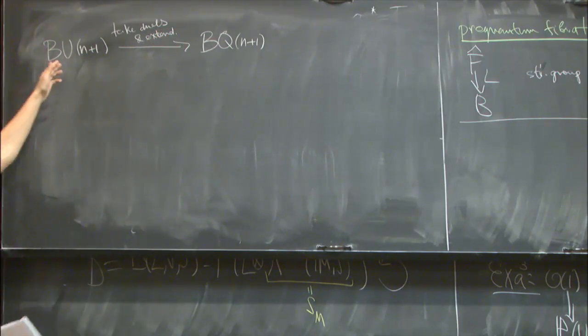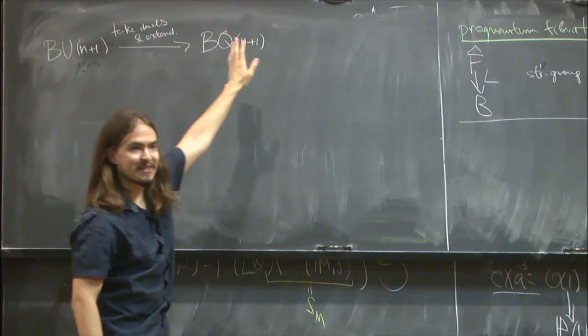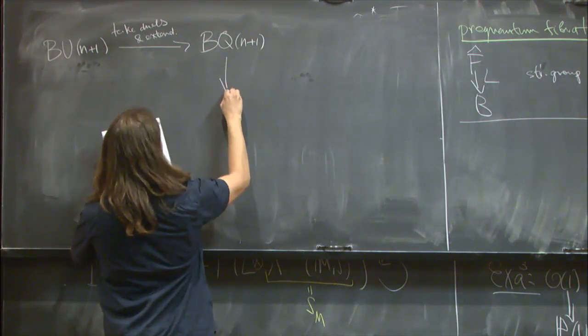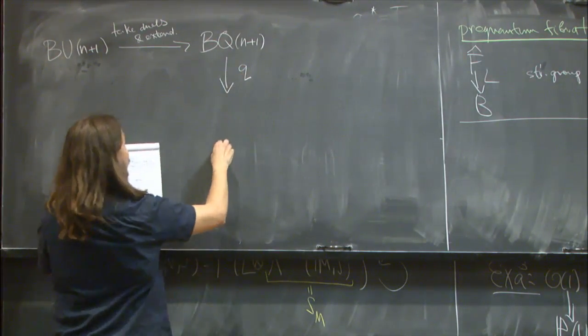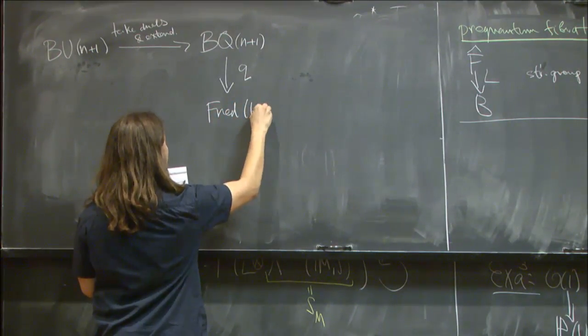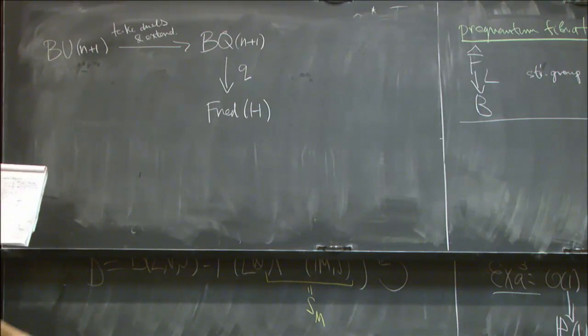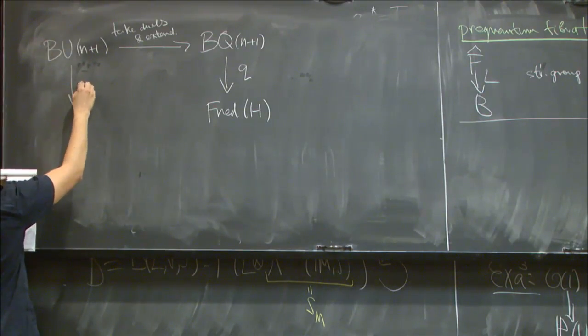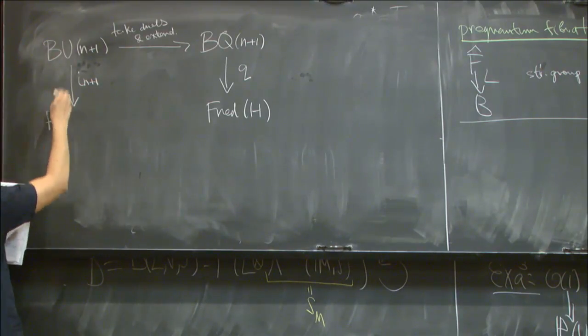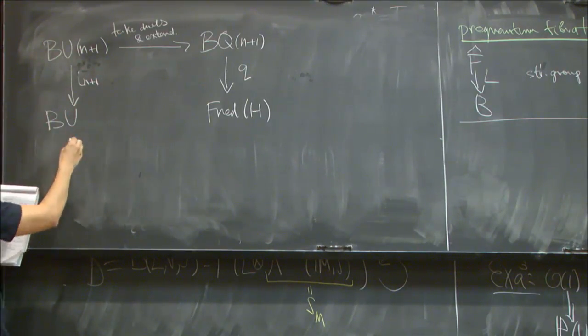I mean, just consider this bundle as this bundle. And this goes, here we have the quantization map to Fredholm of H. And this goes by just the canonical map from BU something to BU.